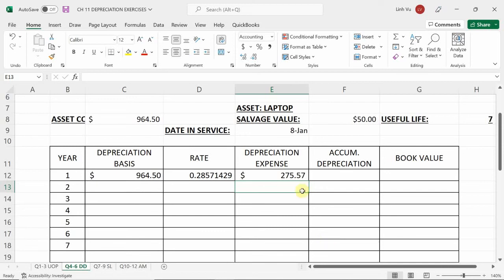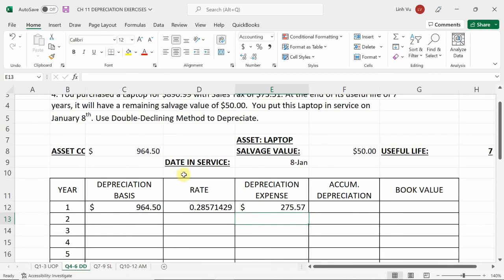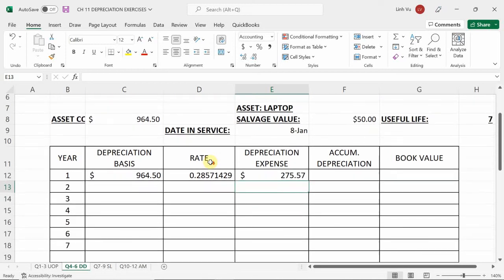Why do we need to adjust our depreciation expense? The same thing. What do you mean it's the same thing? $275.57. Okay, I'm not asking about accumulated now. I'm asking you guys, why do I not need to adjust the depreciation expense for this year?